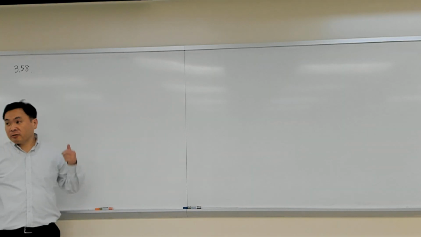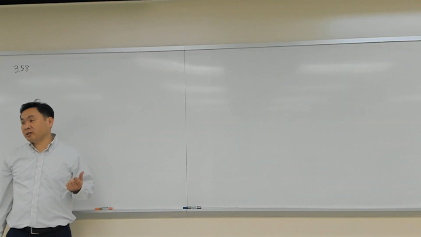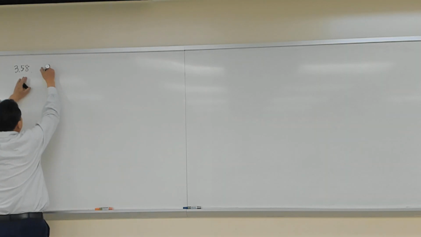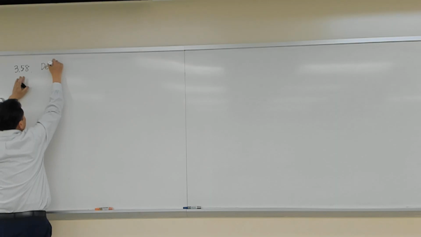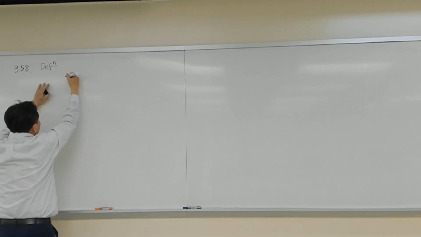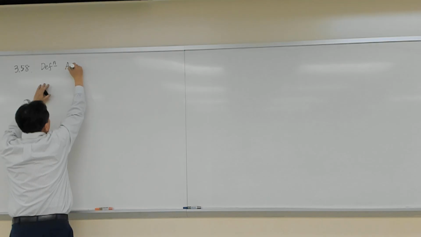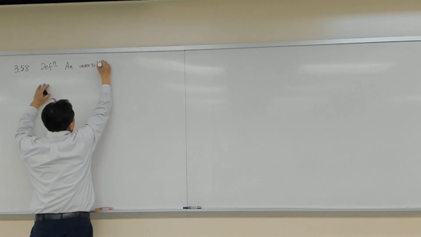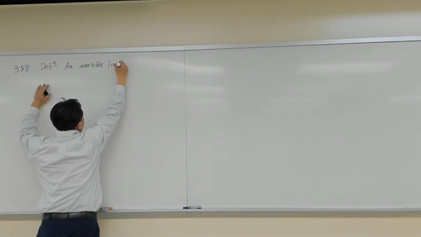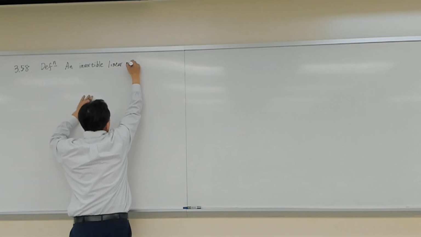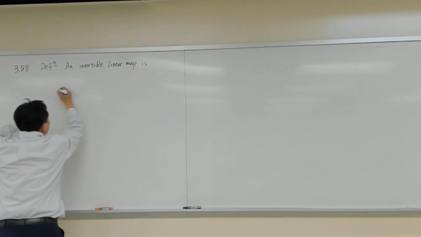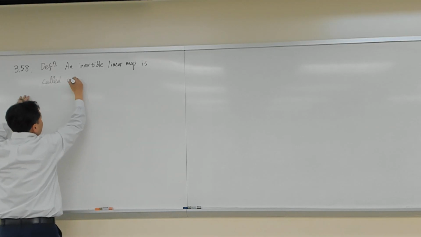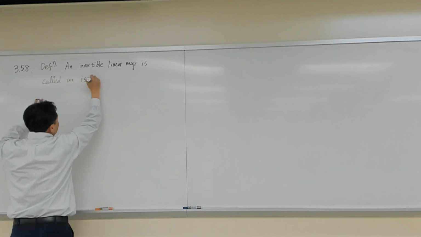The title of this section was Invertibility and Isomorphism of Vector Spaces. So in 3.58 comes the definition that says an invertible linear map is called an isomorphism.